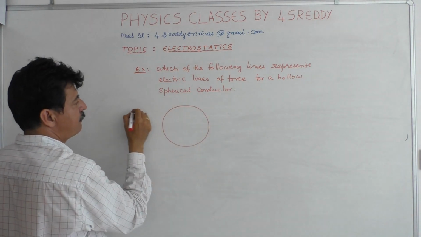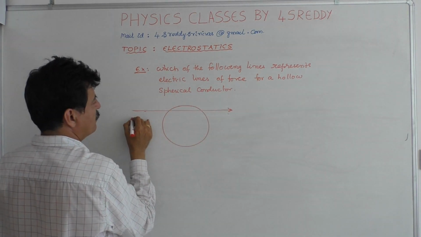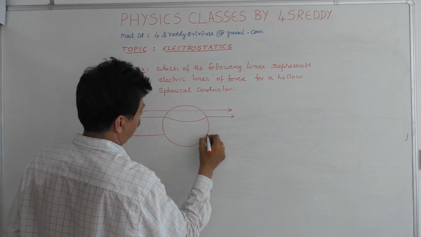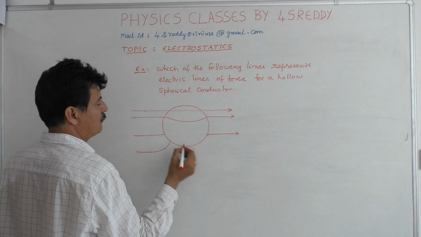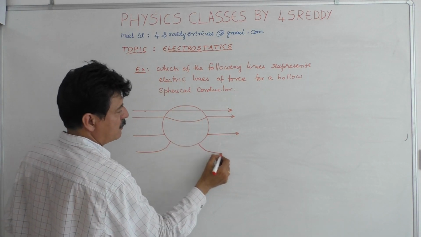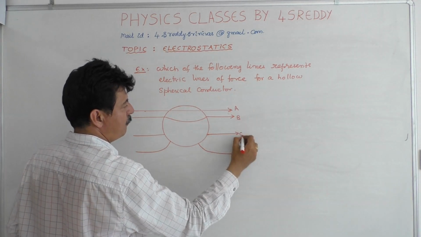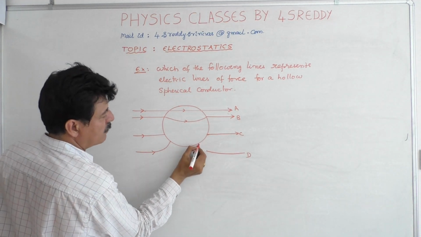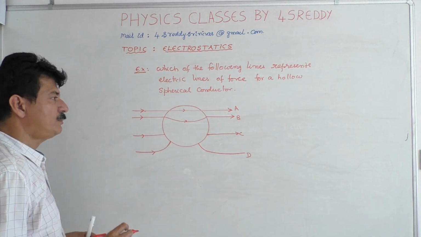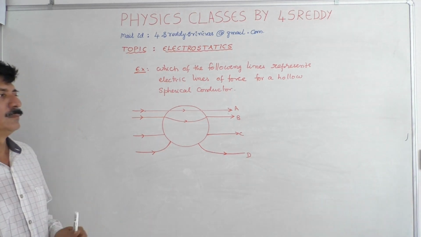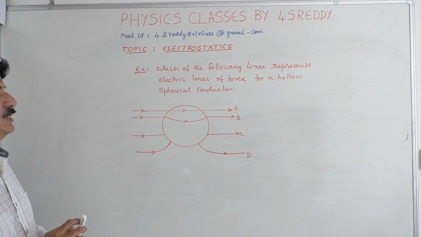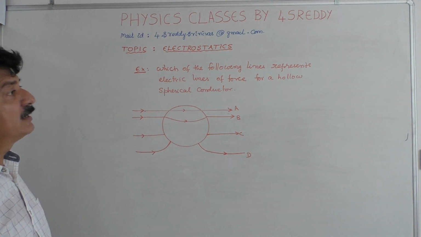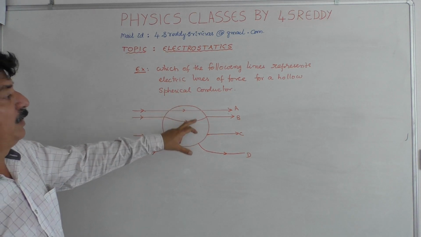Suppose you are given like this. Which of the following curves represents the electric lines of force? Here A, B, C, D lines are given.